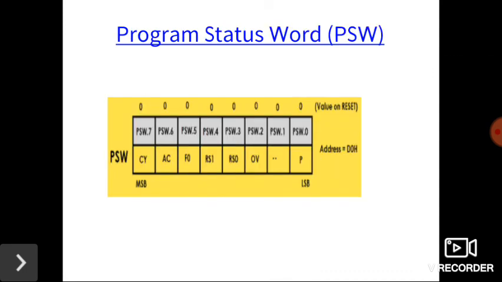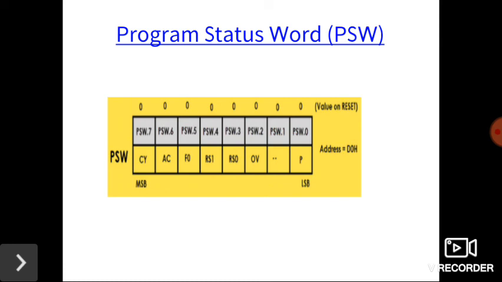Next one is the program status word. The program status word register is also called the flag register and is one of the important SFRs. The PSW register consists of flag bits which help the programmer in checking the condition of the result and also make decisions.